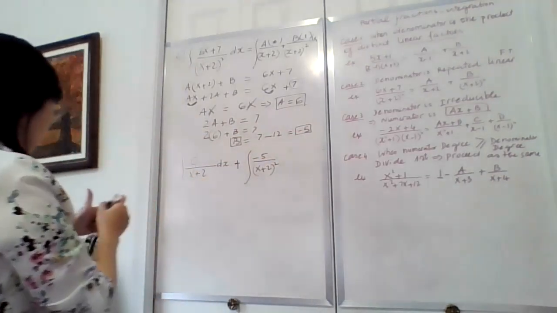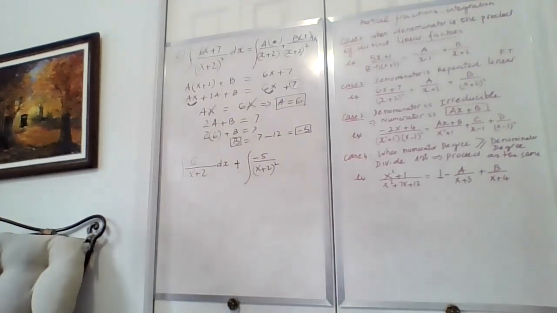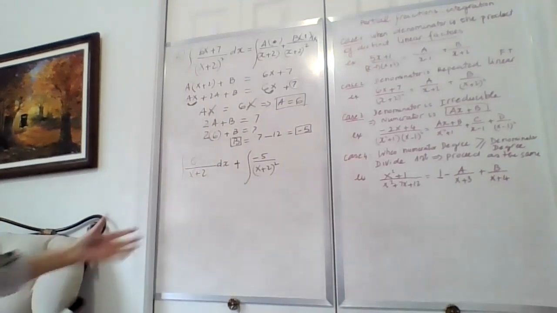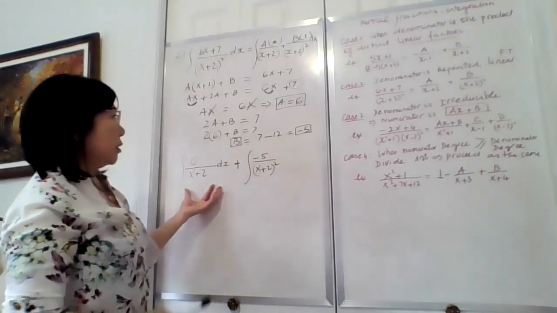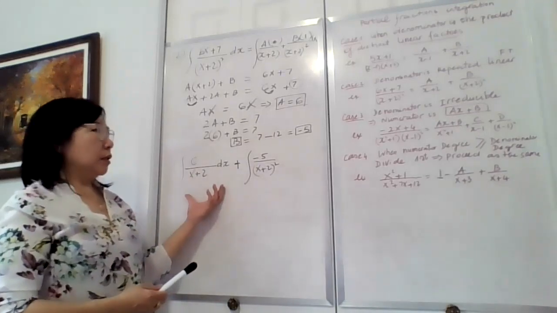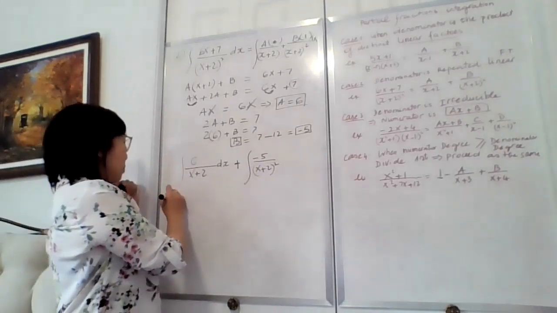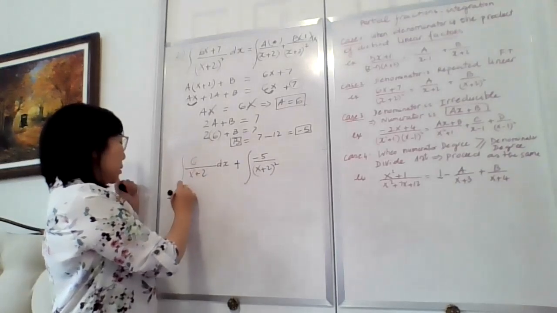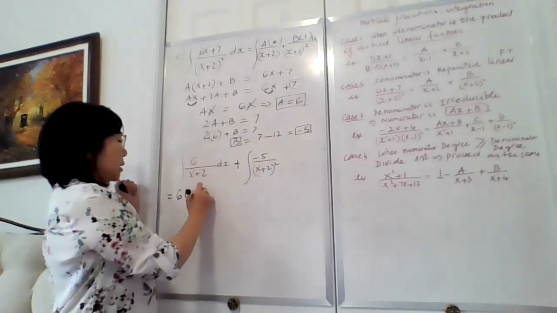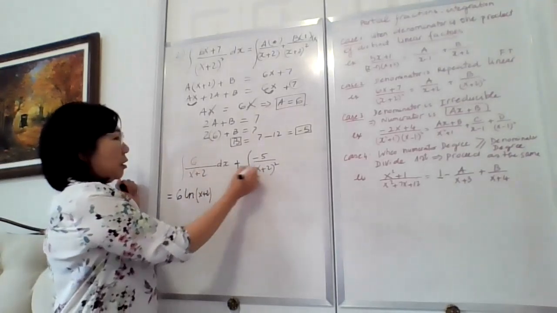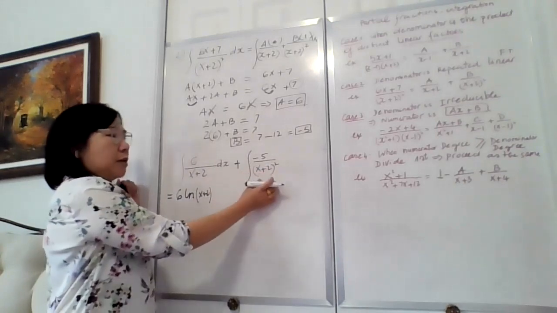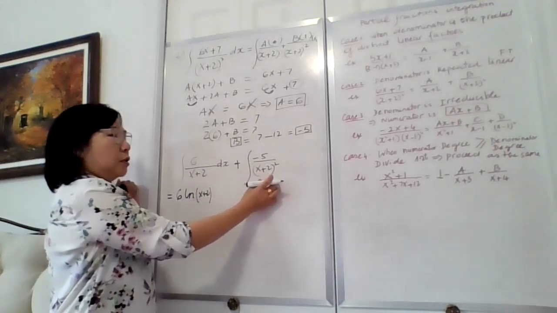At this point, what will I do? This first one is easy, just like the first example we did: it equals 6 ln of x plus 2. Unfortunately, the second one is complicated. There is no formula.